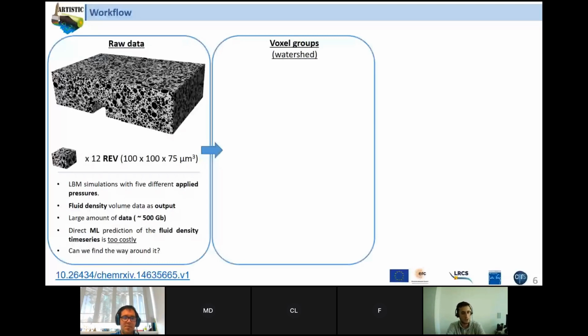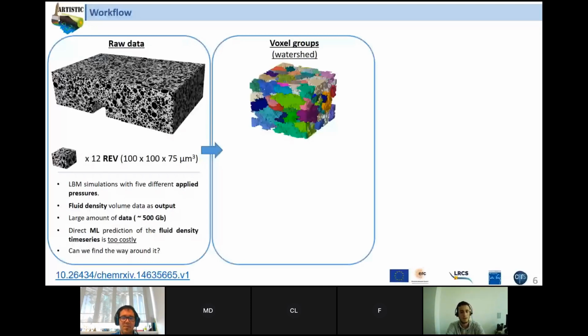So as you can see in this image, there is a very well-known and very beautiful algorithm called the Watershed Algorithm, which presupposes the rule of basin flooding. So it takes different points of the pore space and mimics or simulates that this pore space is being filled with water.